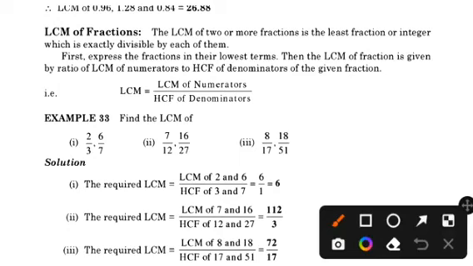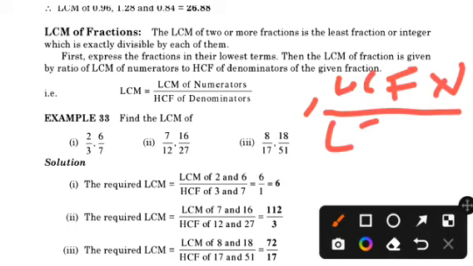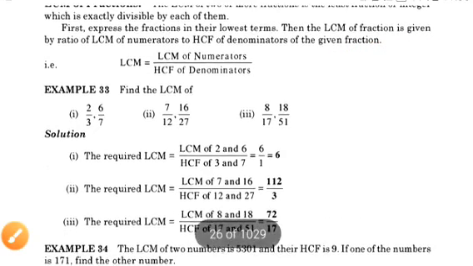For HCF of fractions we use HCF of numerators divided by LCM of denominators. But for LCM we use the opposite of it, that is we find the LCM of numerators divided by the HCF of denominators, after simplification of the fractions.